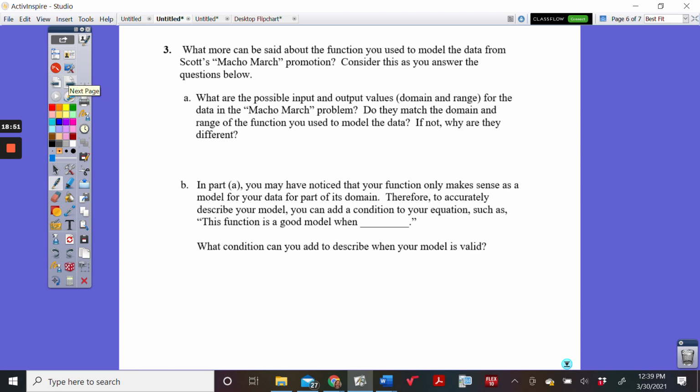What more can be said about the function we just used? Consider this as we answer the questions. What are the possible input and output values of Macho March? Well, the input, the domain, the only thing we can put in is the days of March, right? We have day 1 of March, day 2 of March, day 3 of March, and so on. We can't put in day 1.5. That doesn't make any sense.